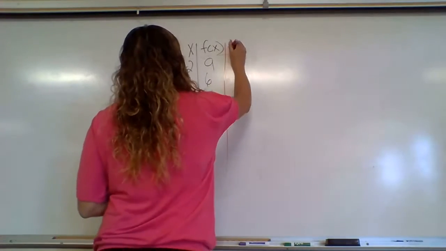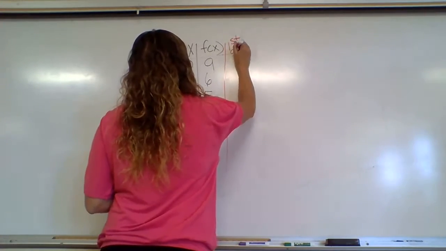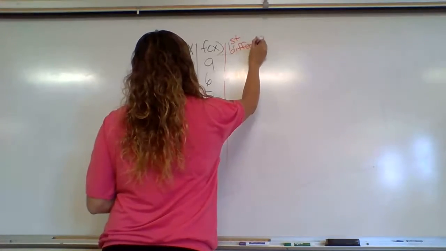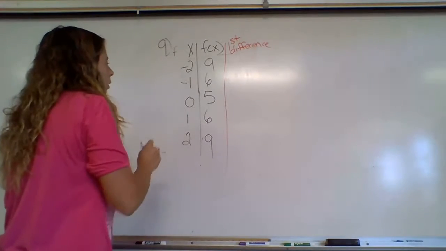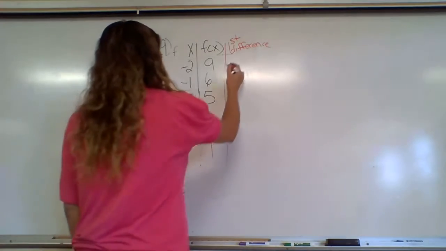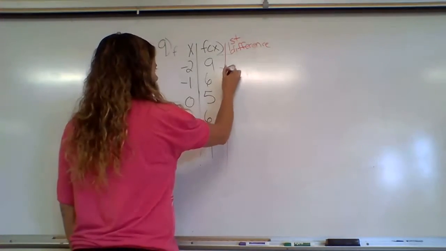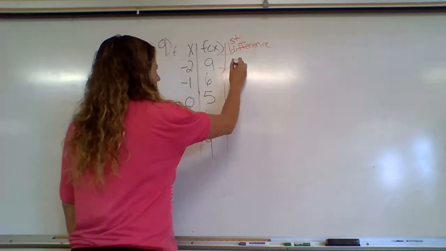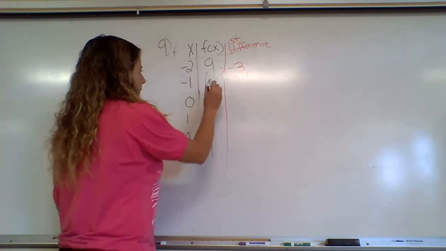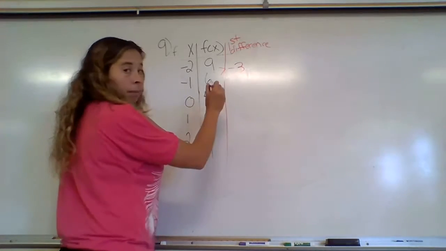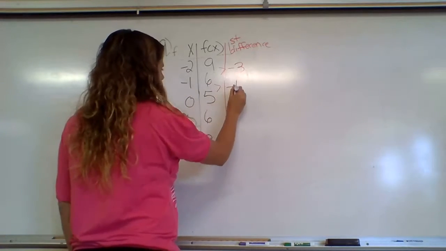you find the first difference. Okay, so from 9 to 6, that's negative 3, right? We're subtracting 3. From 6 to 5, subtracting 1.